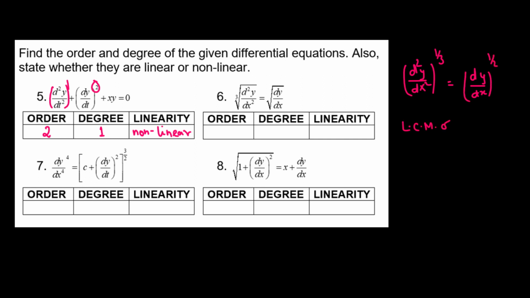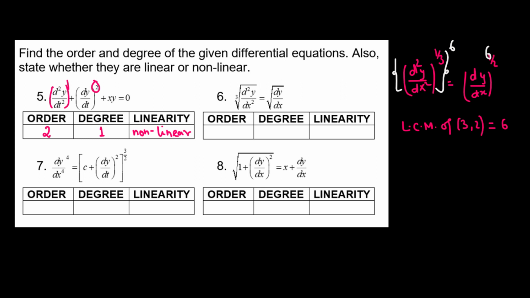Now if we take the least common multiple of 2 and 3, that is 6, we're going to raise both sides to the power of 6. That gives us the second derivative of y with respect to x raised to the power of 1/3 whole raised to the power of 6 equals the first derivative of y with respect to x raised to the power of half whole raised to the power of 6.